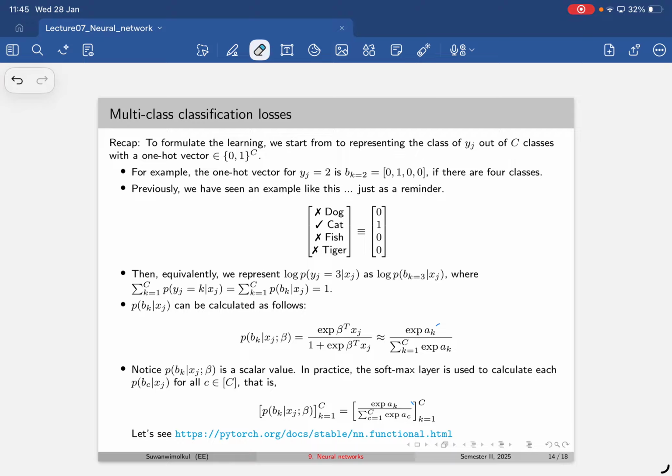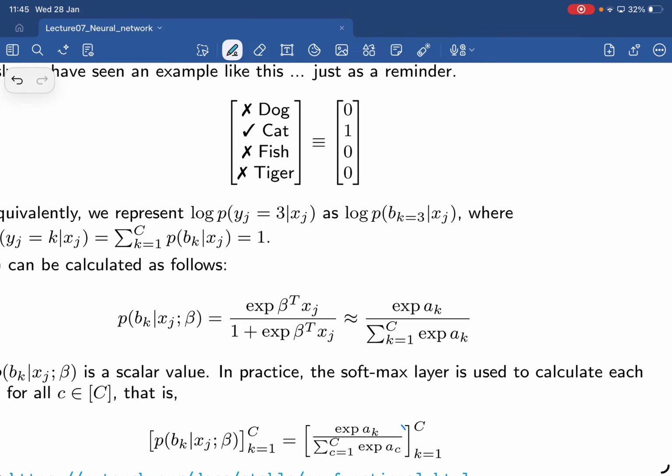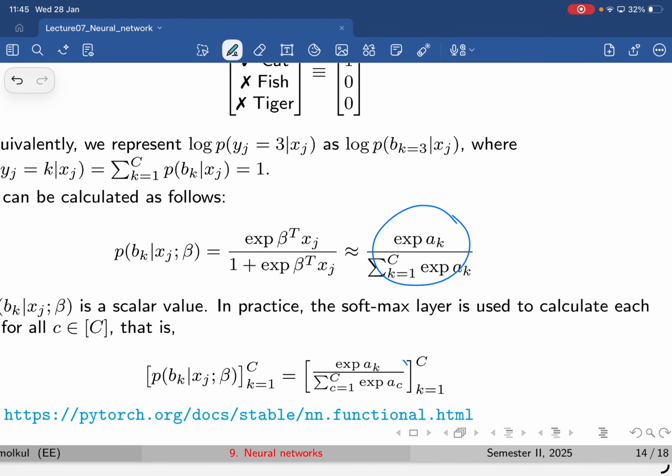So in that case, we can use an exponential function. In fact, instead of putting this as one hot, you can think of one hot vectors that are linearly independent.